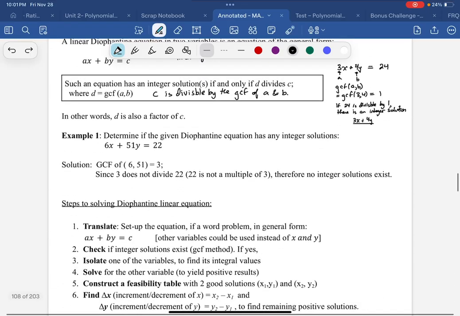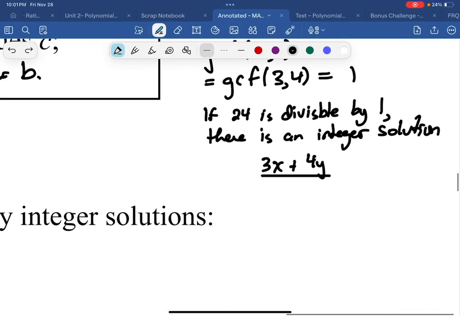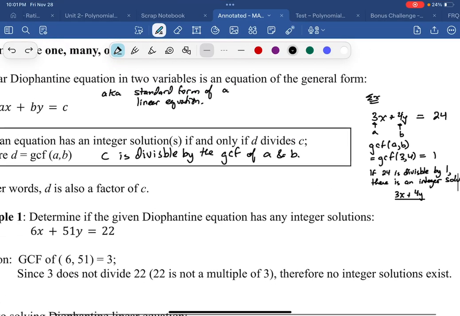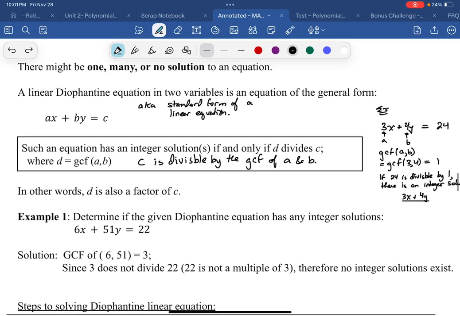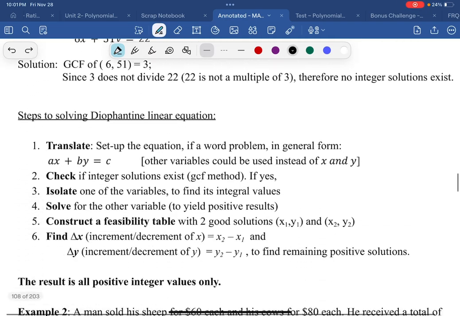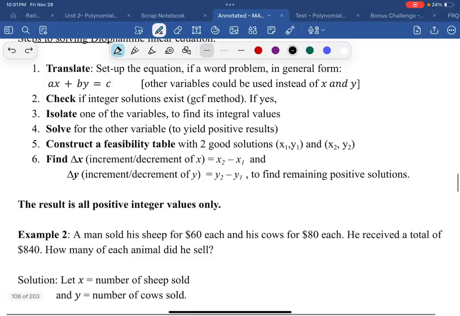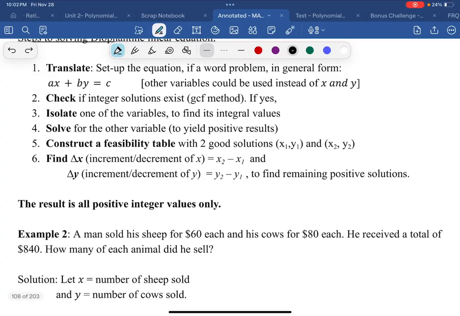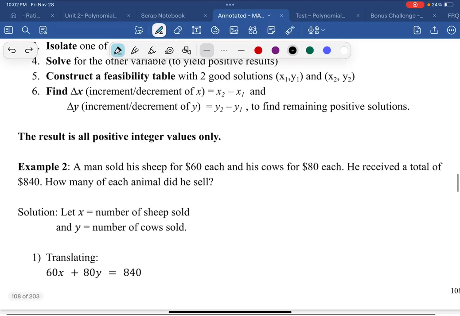So that's what I'm going to do here: take values of x and y and start plugging them in. The only difference is a question of where you start. We're only looking to yield positive results.